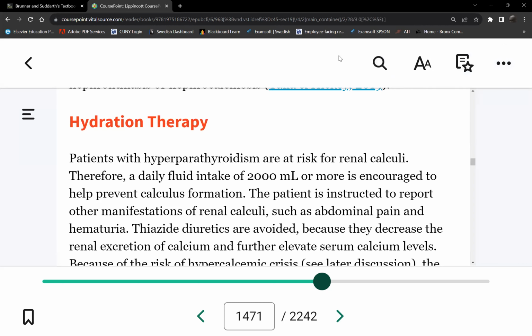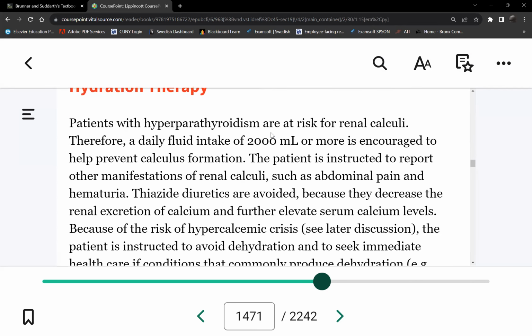So what is the treatment for hypercalcemia? First choice is hydration. Lots of fluids. Can you drink fluids nonstop by mouth? No. Can we give it IV? Yes. So IV fluids is the main treatment.